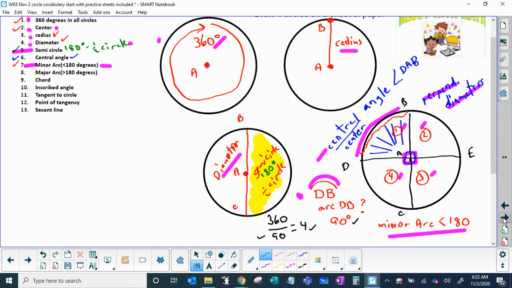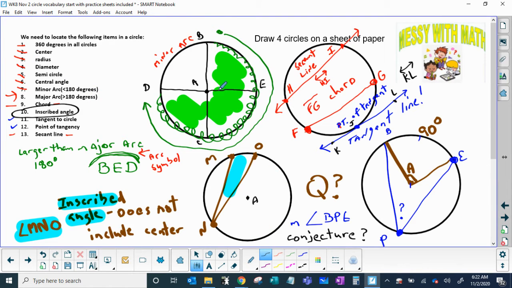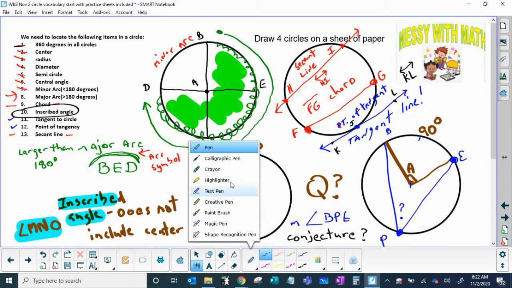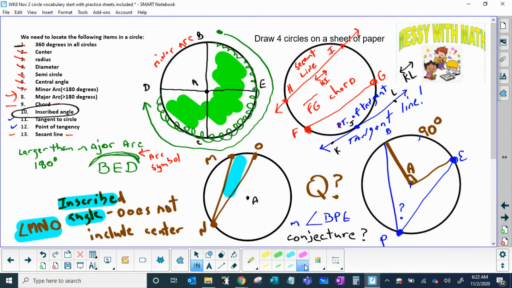Okay, let's move on. Now we went through all these top pieces, right? Now we want to finish all this vocabulary. We just got through with minor arc. Well, what about the rest of it?